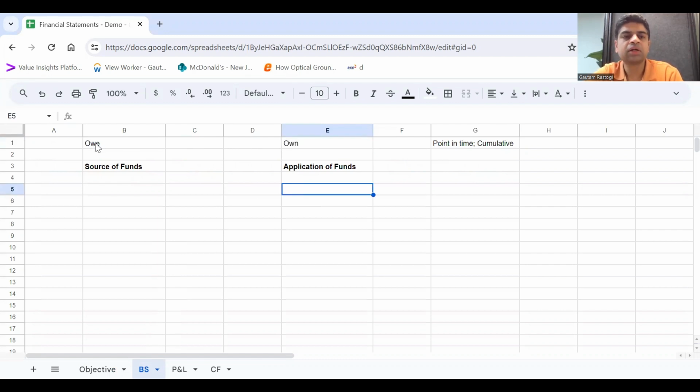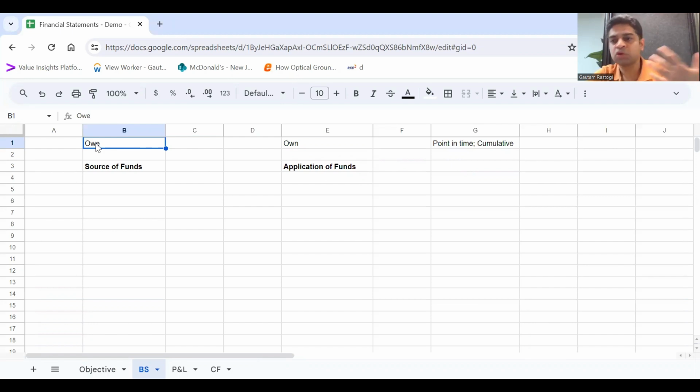Say, for example, you started a business 5 years ago. The balance sheet will tell you how much money you owe cumulatively as of today, and to whom you owe the money. And the second thing it's going to tell you is how much equity you have in your books.